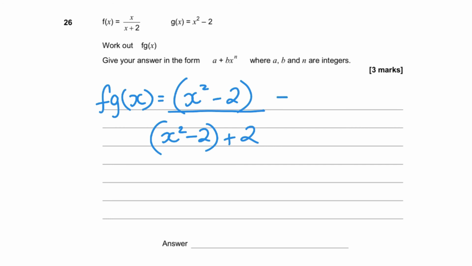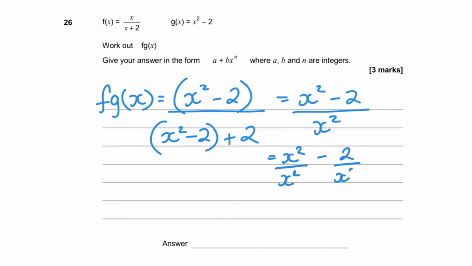So we can multiply that out to give us x squared minus 2 divided by x squared minus 2 plus 2, which is x squared. So we can simplify that to x squared divided by x squared, minus 2 divided by x squared, which will give us 1 minus 2 divided by x squared. Looking back at the question, it says give your answer in the form a plus b times x to the power n.